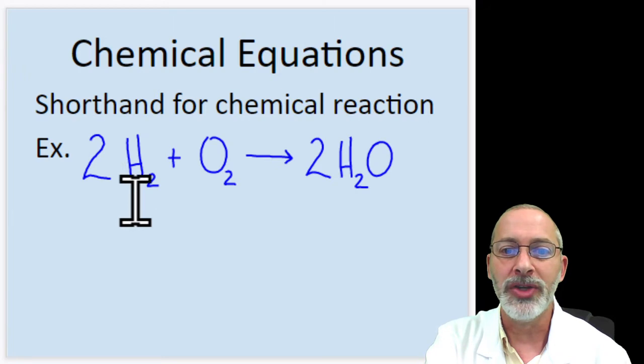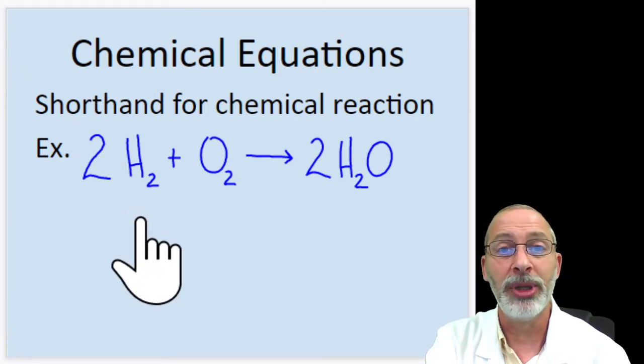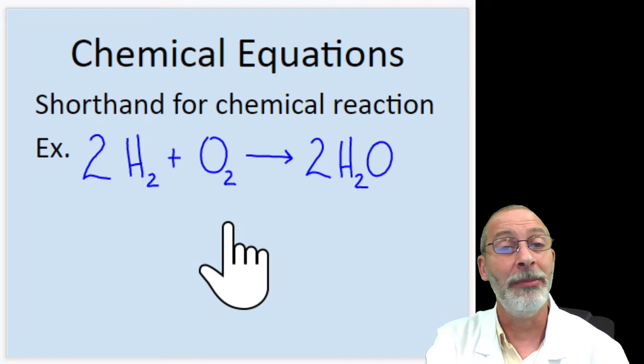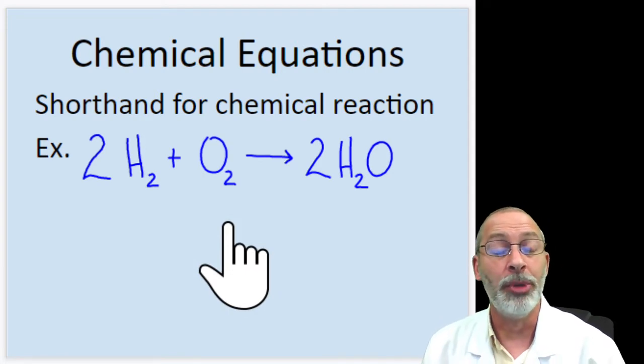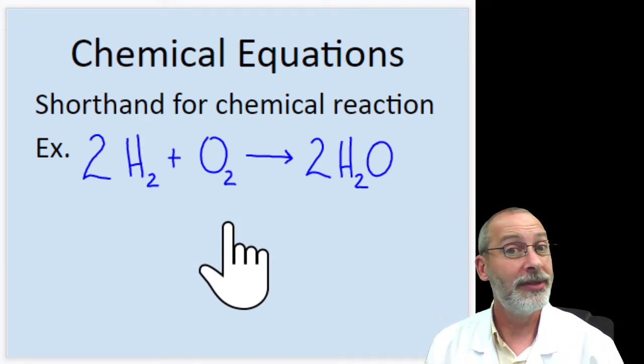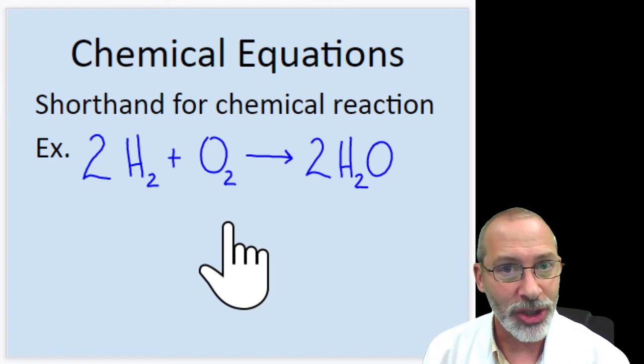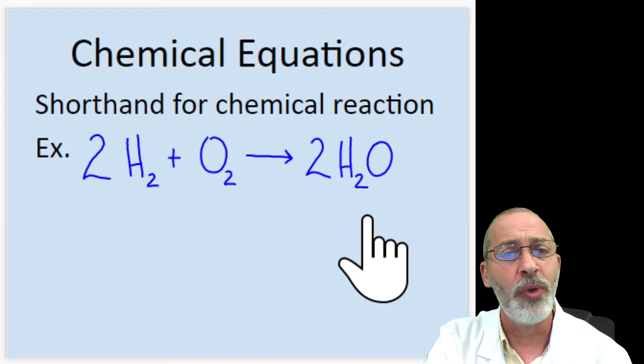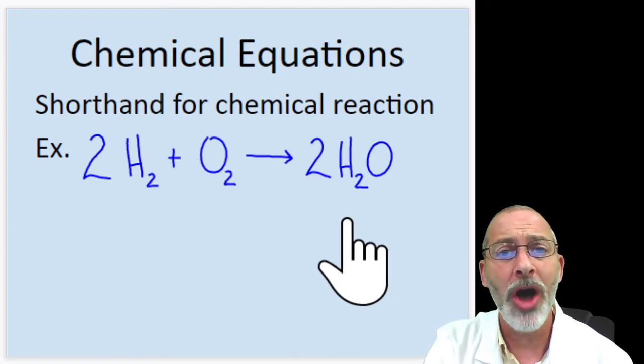It requires this element, symbolized by an H, and that element is hydrogen, added to this element with the symbol O, which is oxygen. So when you add hydrogen and oxygen together, they can form H2O, which is water.